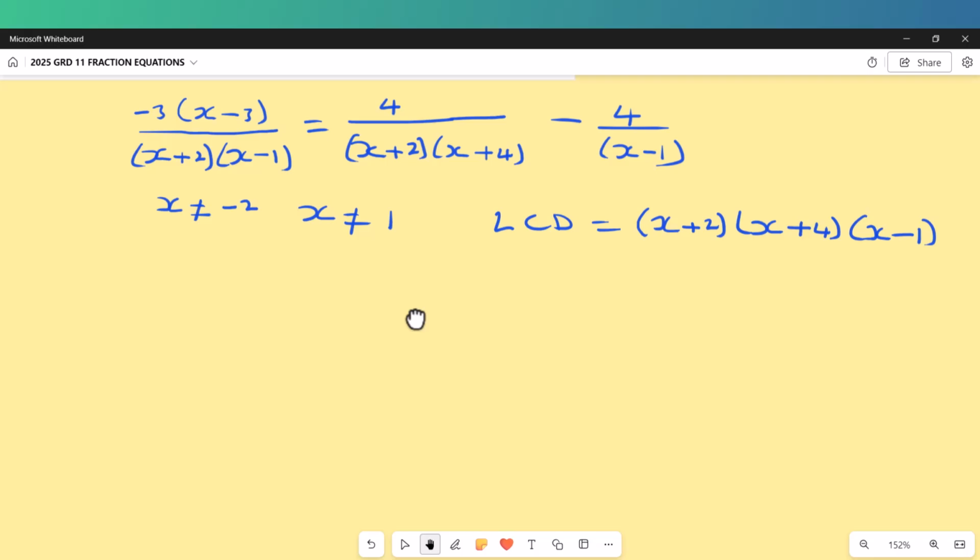So we're going to say negative 3, into x minus 3, and then divided by x plus 2, here, into x minus 1, multiplied by the LCD.